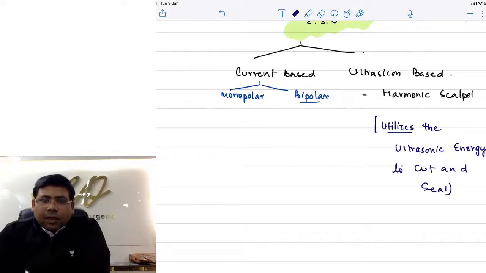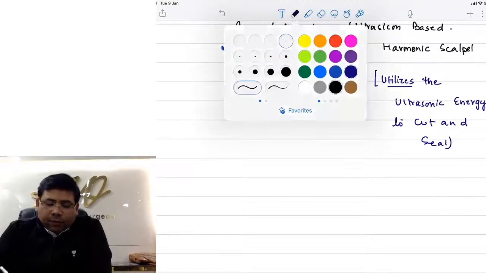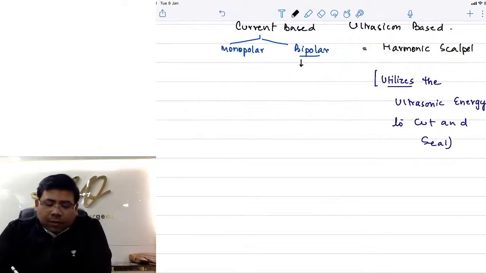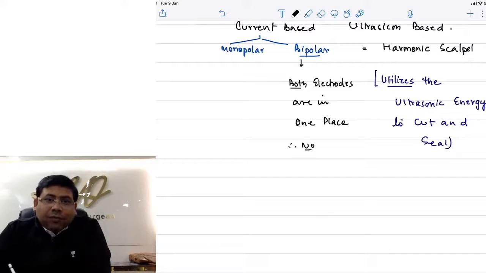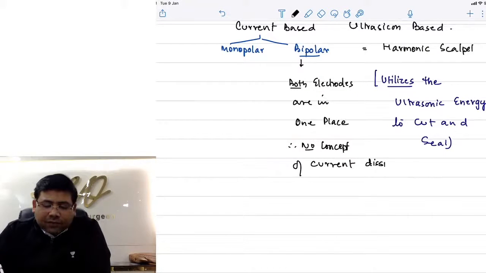Now when we talk about monopolar versus bipolar, in bipolar both electrodes are in one place, and therefore no concept of current dissipation. And since there is no concept of current dissipation, what is the beauty of this? Where do we use it?